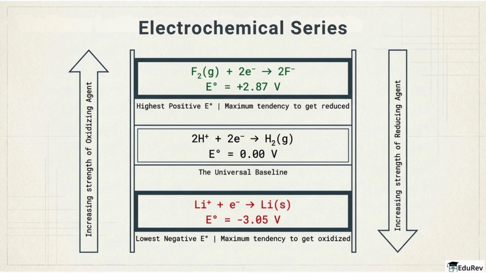At the lower end is Li+ + e- yields Li(s) with E0 equals negative 3.05 volts, showing the maximum tendency to get oxidized. So the series is really a ladder of oxidizing strength and reducing strength.